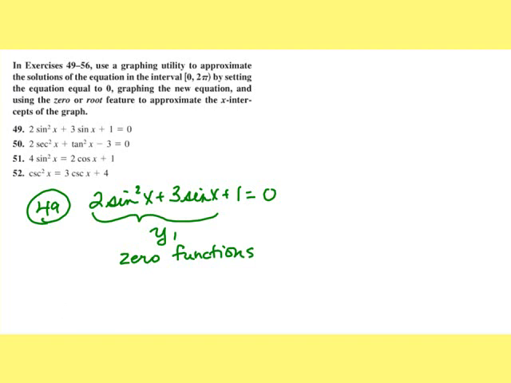Okay? So you're going to see really where the x-intercepts are and use your calculator to approximate those, and those will be the solutions to the equation. If you have any questions on using the calculator, please contact me about that. And that is the same thing that you're going to do for that next group.